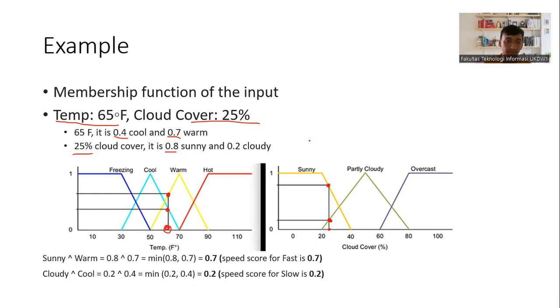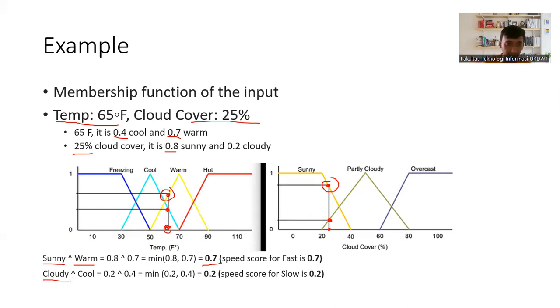Because we want to calculate the defuzzification, we should use the min-max function for the fuzzy. For sunny and warm, we find the minimum value. Here is 0.7, here is 0.8, so the minimum is 0.7 for the speed score for fast.